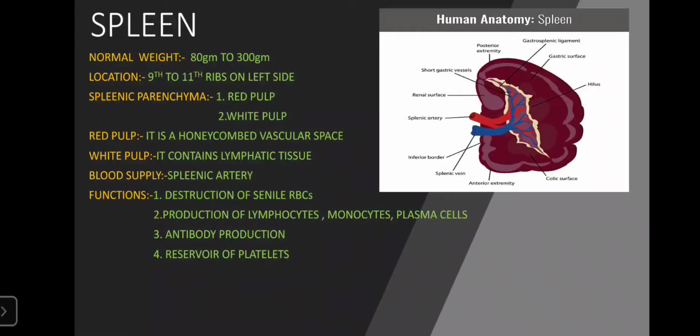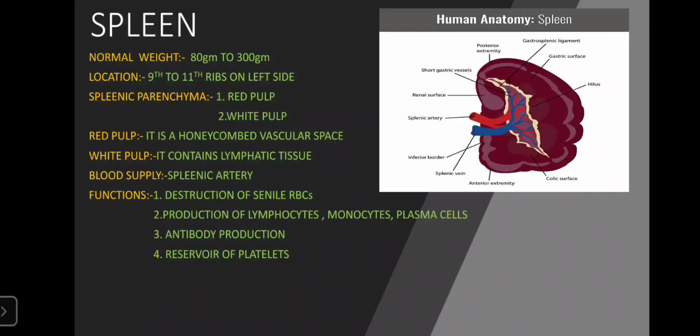The functions of the spleen are: first, the destruction of senile RBCs. The senile RBCs are more fragile, and the diameter of the capillaries of the spleen is less than the diameter of the RBC.